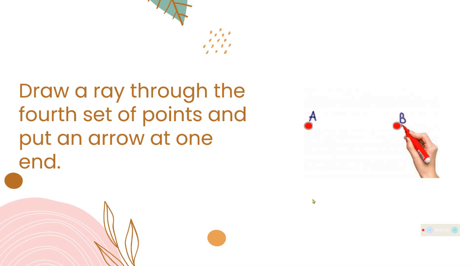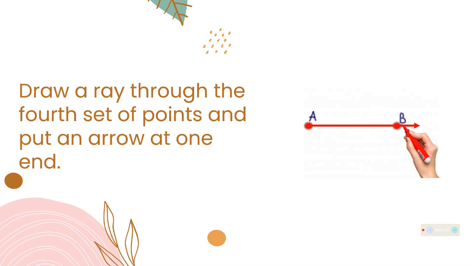Next, draw a ray through the fourth set of points and put an arrow at one end. You are going to connect the 2 points, but this time you are going to put an arrow at one end. So for example, we connect the 2 points A and B, and then we have one arrow at the end.